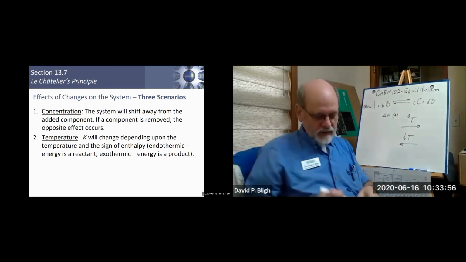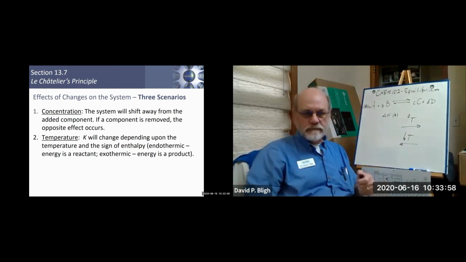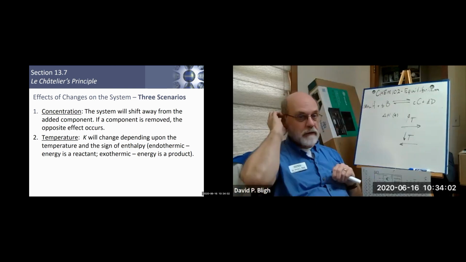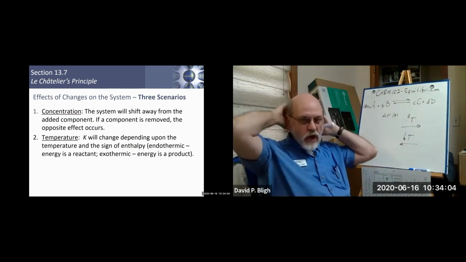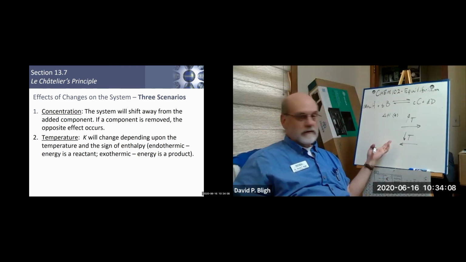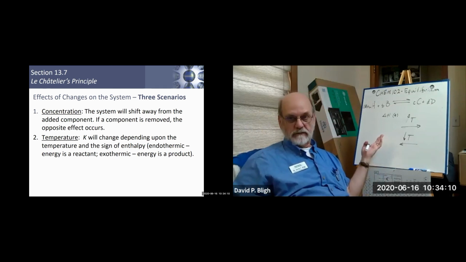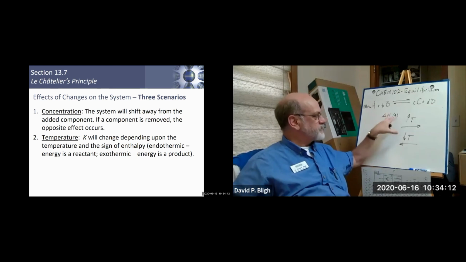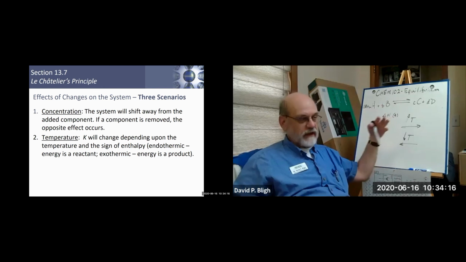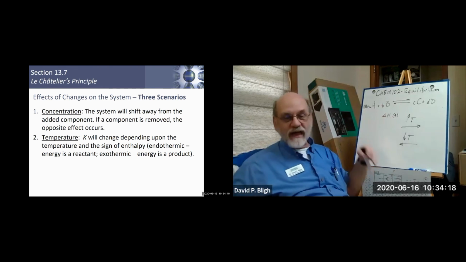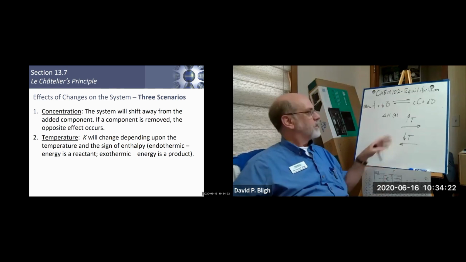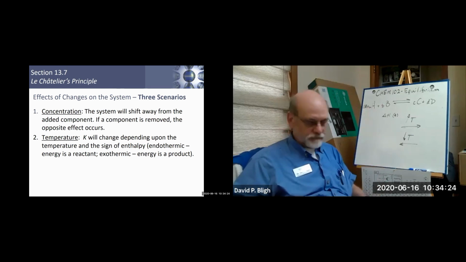Okay. Now this is valid over a narrow temperature range, because we know that the K changes with temperature. So we have to keep this temperature range narrow in order to provide a valid argument in terms of Le Chatelier for a change in temperature.